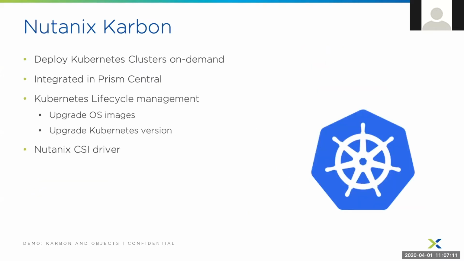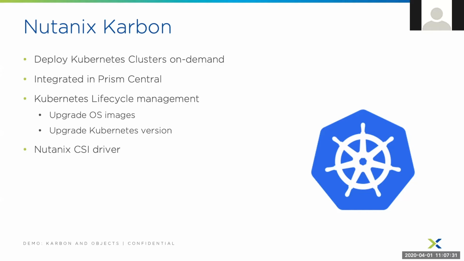So next up is Karbon. So what is Karbon? It's actually a product of Nutanix that is used to deploy Kubernetes clusters on demand. Starting from Karbon 2.0, it's integrated directly into Prism Central. And the benefit is that you can have Kubernetes lifecycle management.